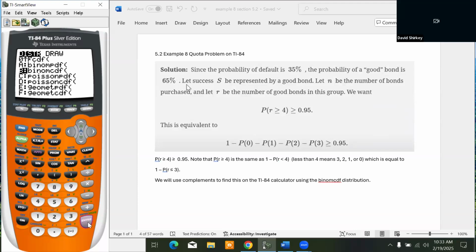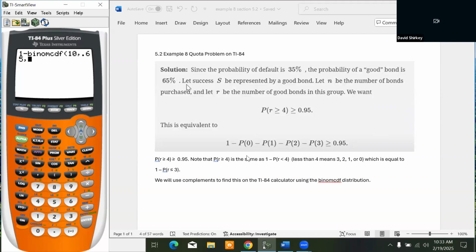cumulative density function, right? N for this problem is 10. We're looking at 10 bonds, comma, P, the probability of success that we want is 0.65. And then comma. And then we want R, the number of successes, right?